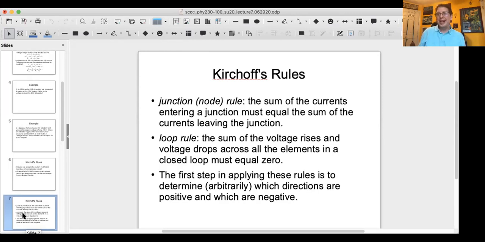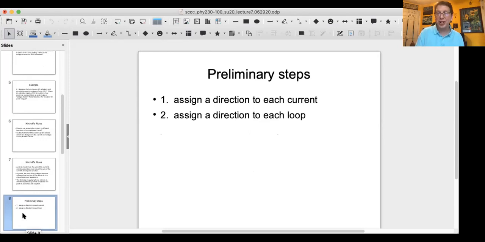So that seems a little bit complicated right now, but I will visualize this in a couple of seconds. So the first step in applying these rules is to determine which directions are positive and which directions are negative. And so you assign a direction to each current and assign a direction to each loop. So why don't we do that right now?